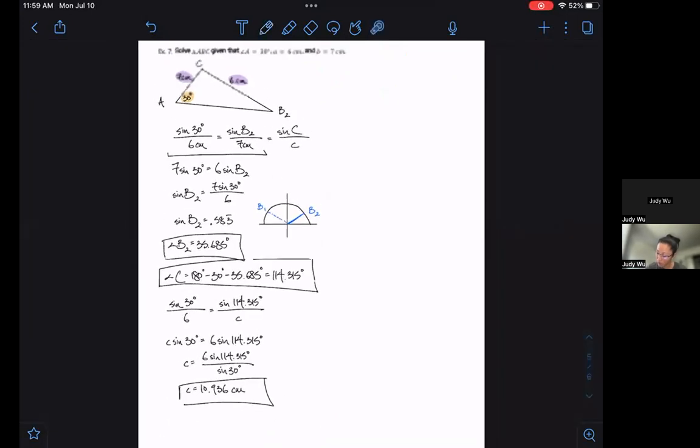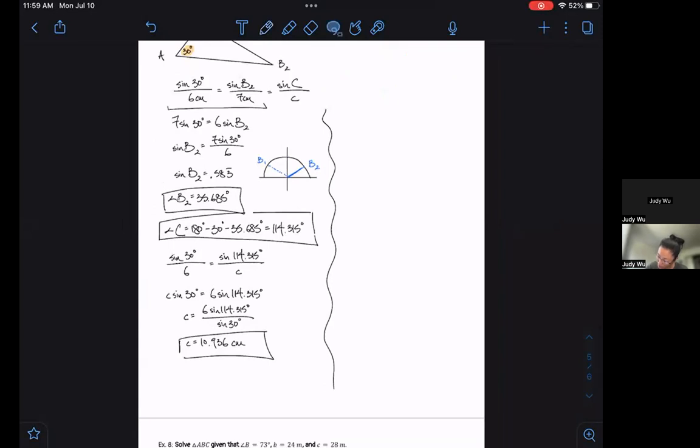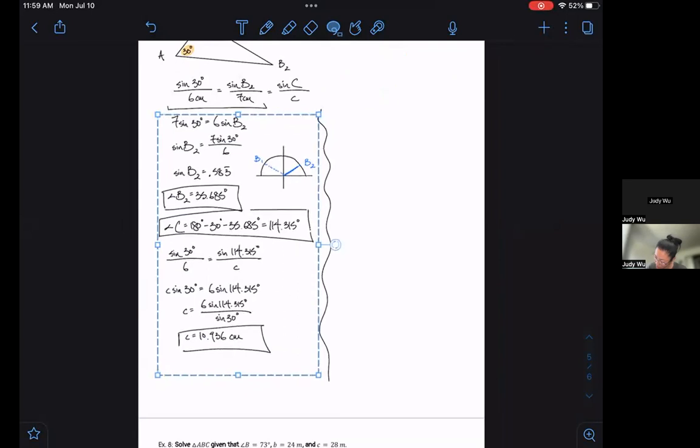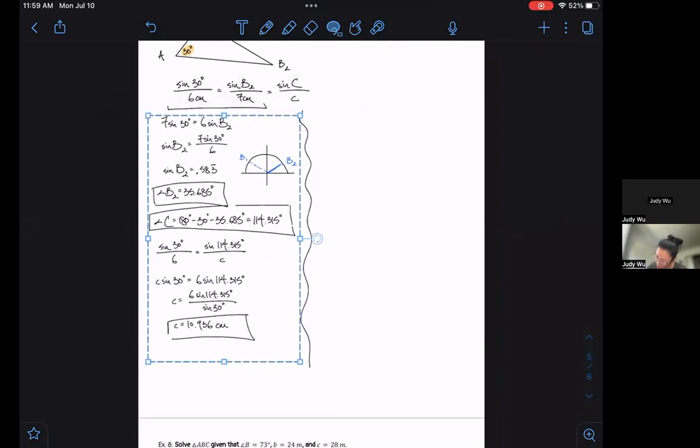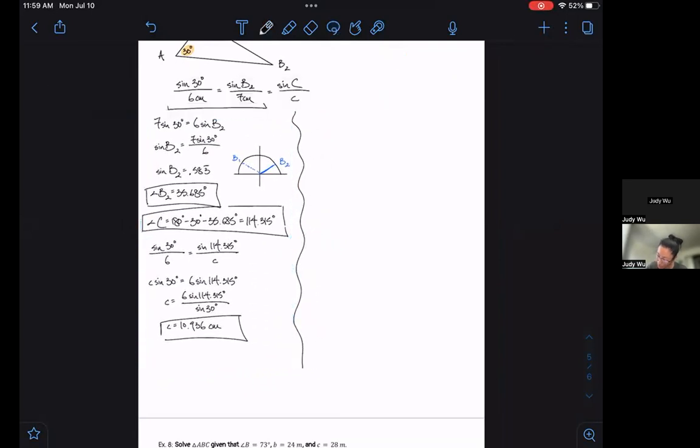All right, now all of this was just for the B2 triangle. And so I'm going to go ahead and split the page here, right? And I'm also going to take this and maybe shrink it just a little bit and move it over, give myself enough room, okay?